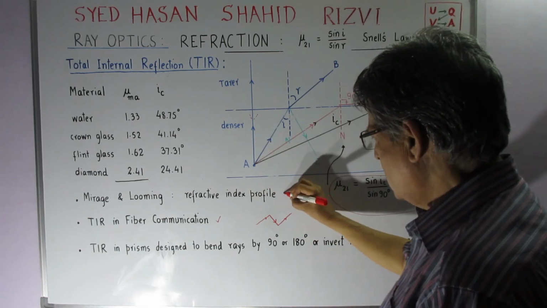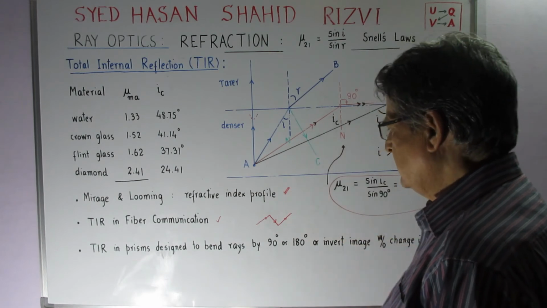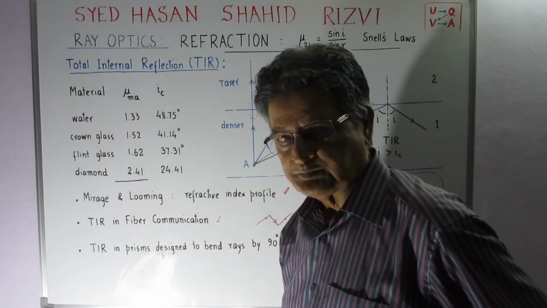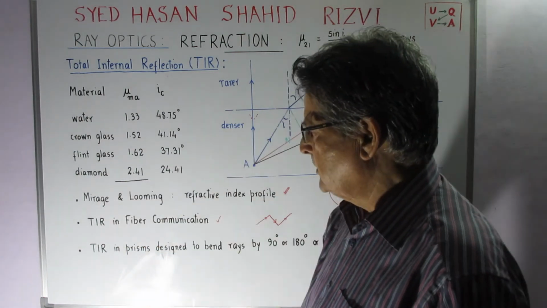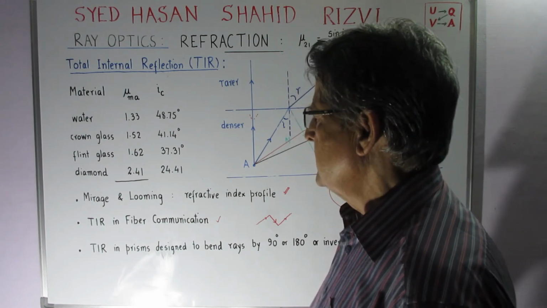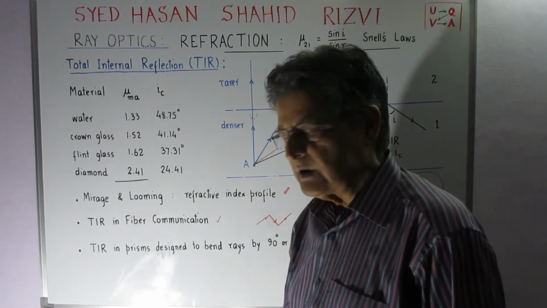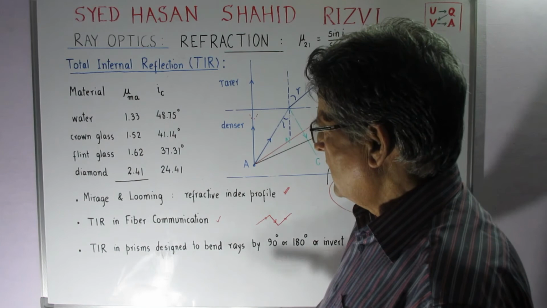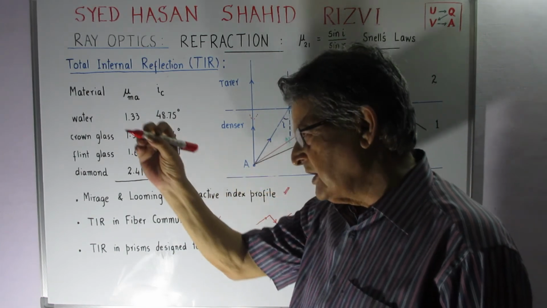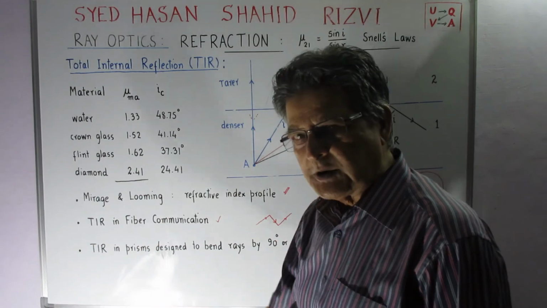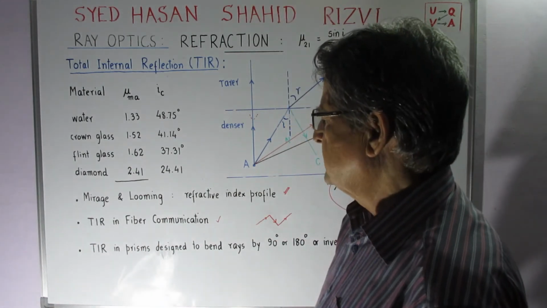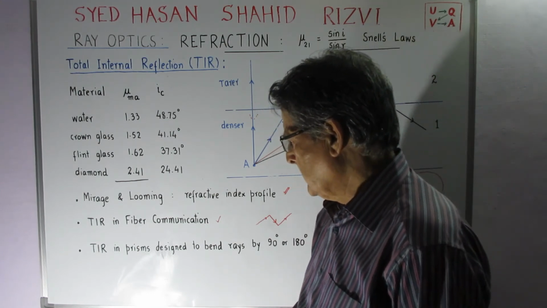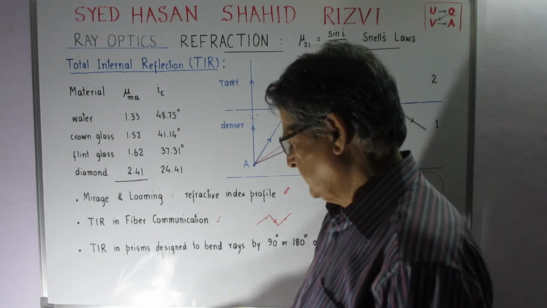Two more phenomena which I am not dealing with in detail are called mirage and looming. Mirage normally happens at very hot times when the air near the surface is rarefied. It appears that there is an inverted image of the objects, and it often happens when you are traveling on a hot road, it is seen as if there is water ahead.